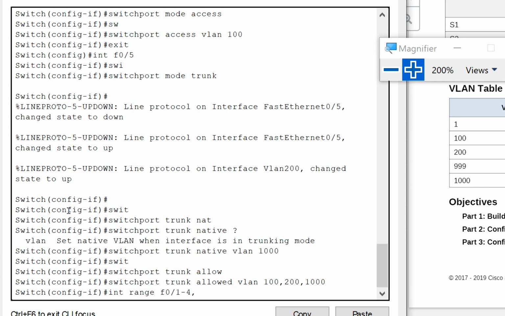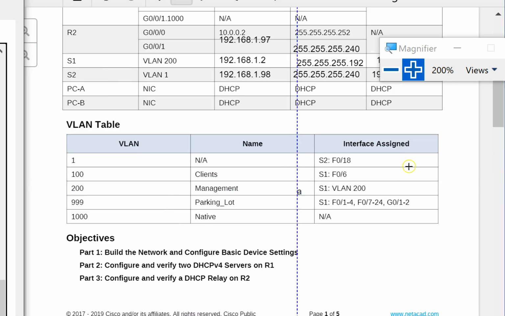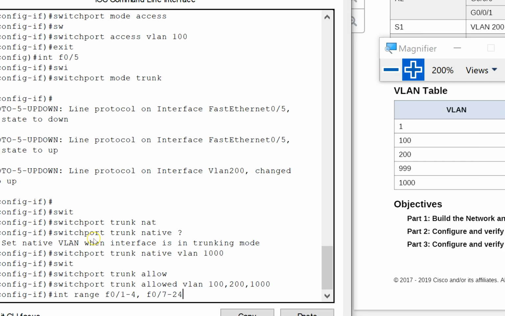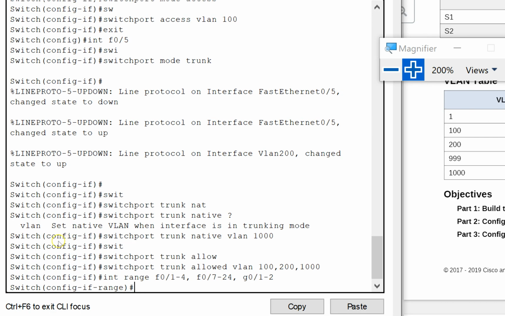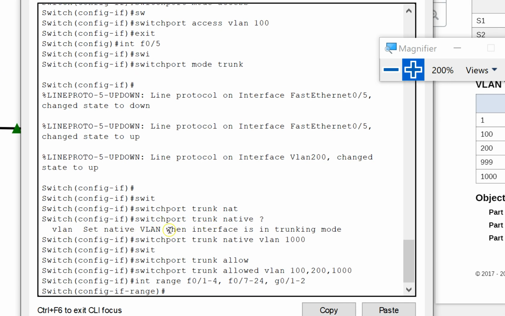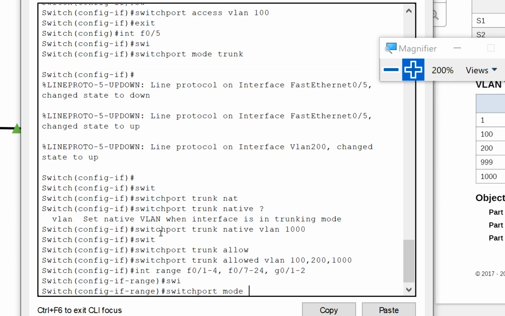Then 5 and 6 are being used. So then we have to do comma F0/7 dash 24. Excuse me. 7 to 24. And then G0/1 and 2. Comma G0/1 dash 2. All right, it worked. So you can do multiple ranges at once. And what are we going to do? Switchport mode access.